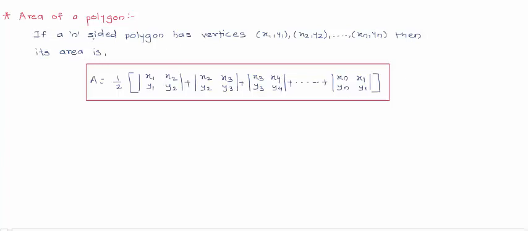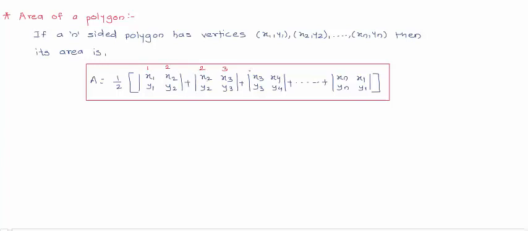If an n-sided polygon has vertices (x1, y1), (x2, y2), and so on up to (xn, yn), then its area A is equal to half into the determinant of x1 y1 x2 y2, that is first vertex, second vertex, then third vertex, and so on, students.